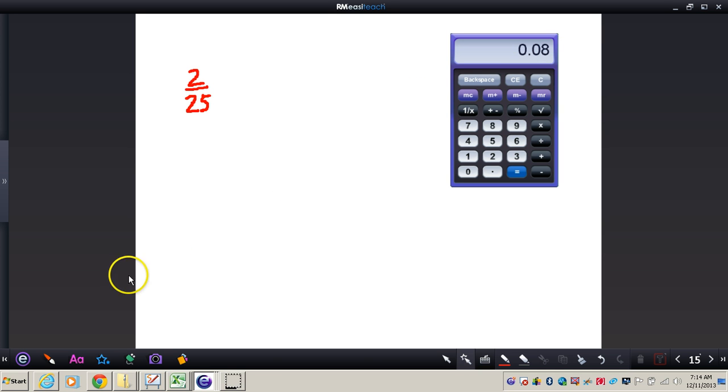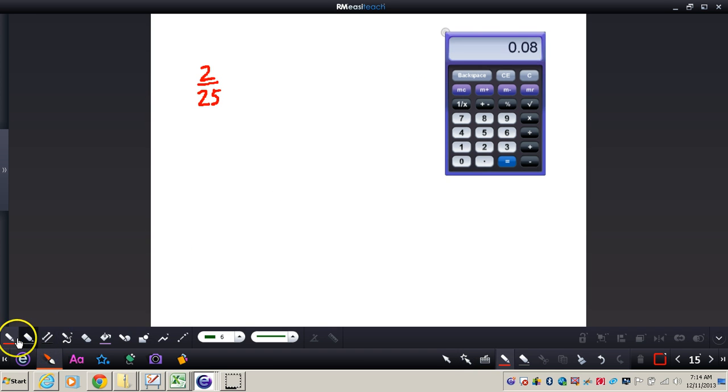So we can write it as 0.08. So 2/25ths is equal to 8/100ths as a decimal, 0.08.